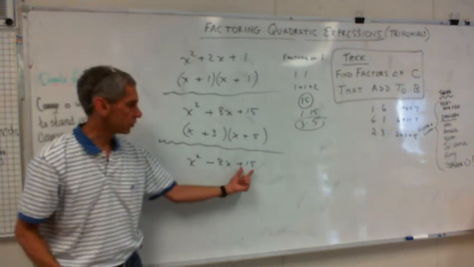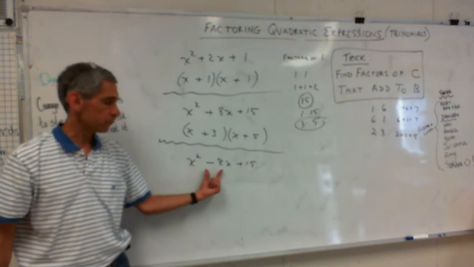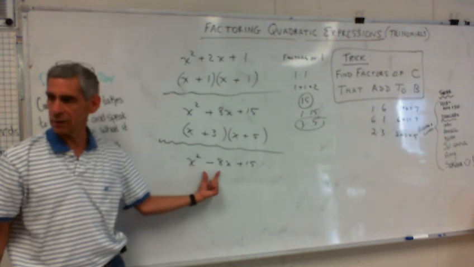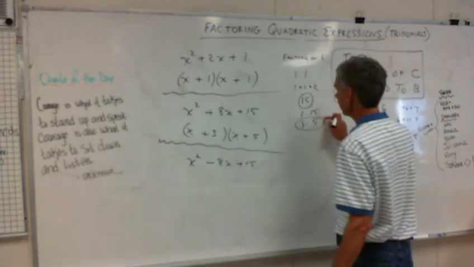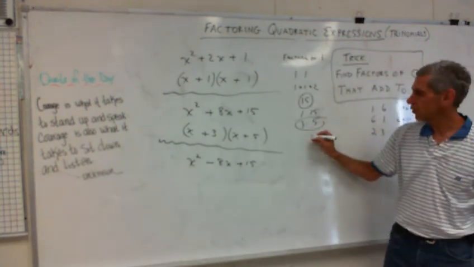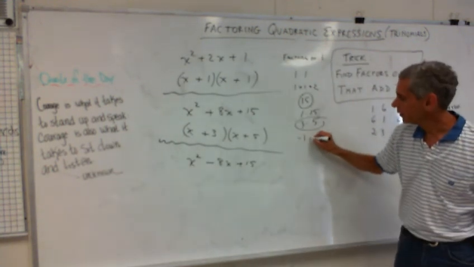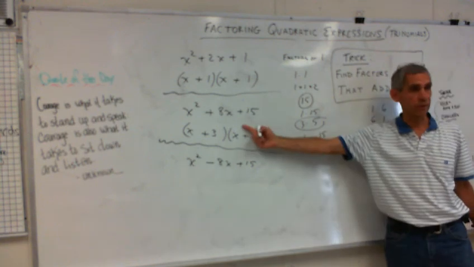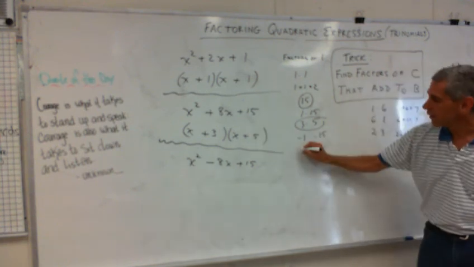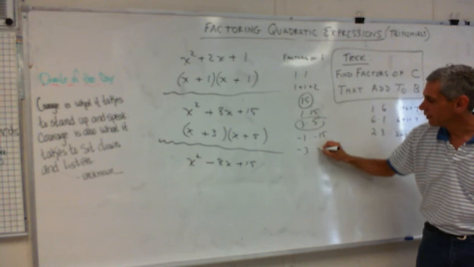I've got to have factors of 15 that add up to negative 8. Well, what gives me a positive 15? There were actually more than I listed here. I could have also done negative 1 times negative 15, which would also give me a positive 15, right? What about negative 3 times negative 5?